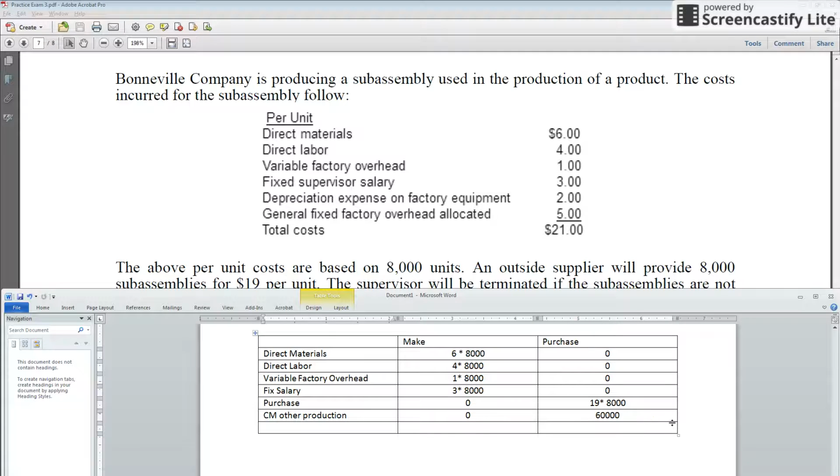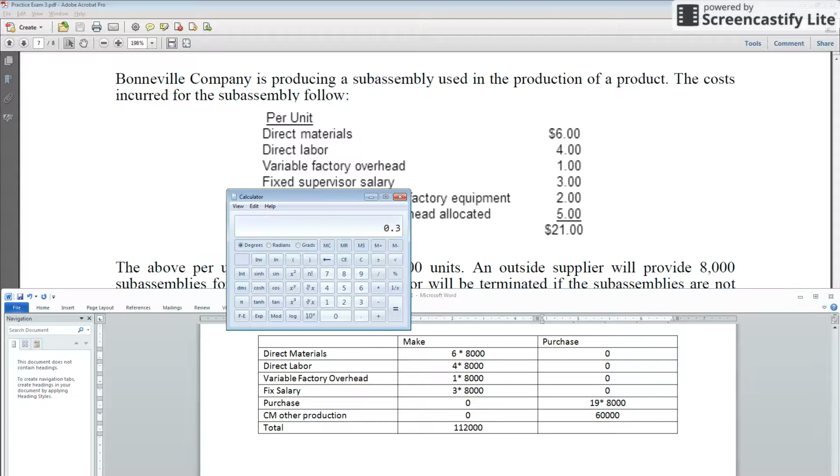So now if you calculate the total cost of making the product, it is $112,000, and here you have 19 multiplied by 8,000, and you are making $60,000 as a profit, so you deduct that number from the cost.